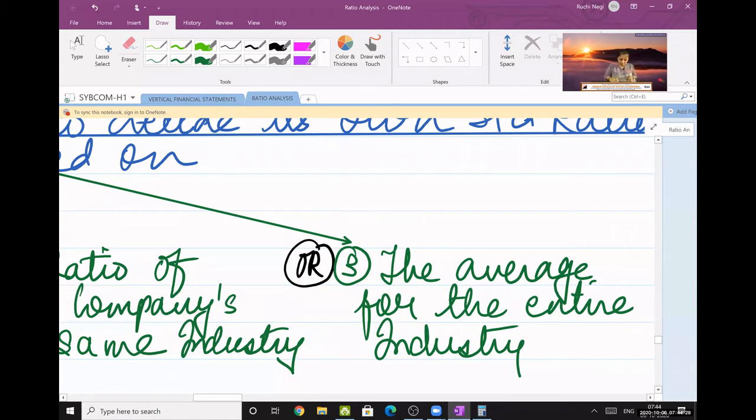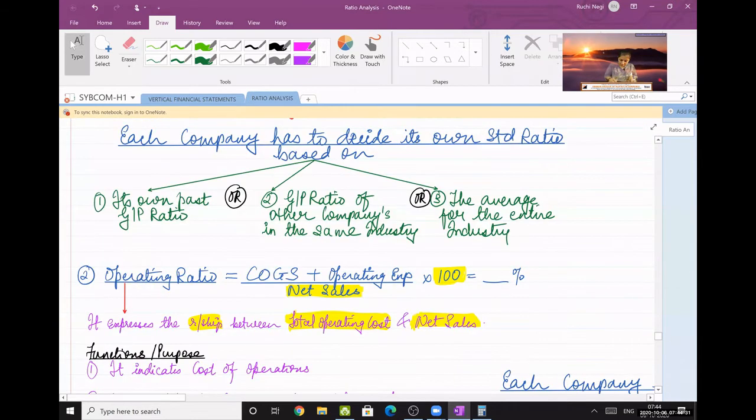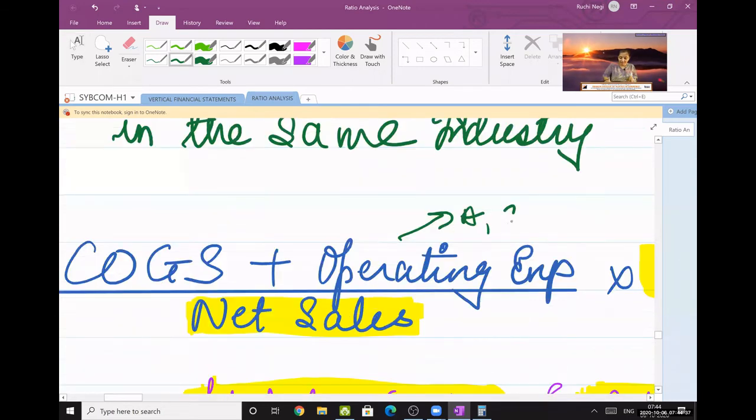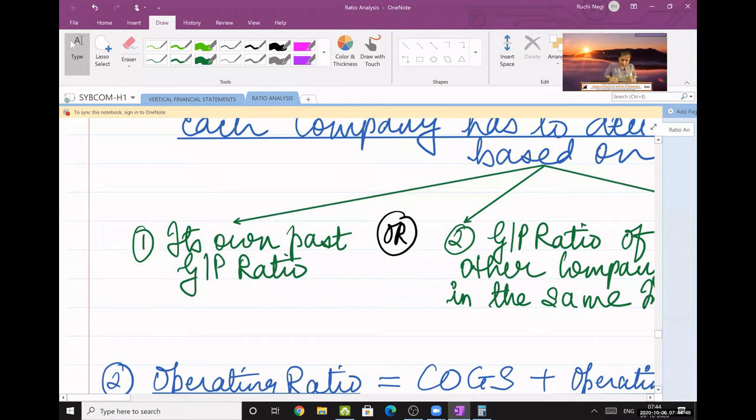Now, I just explained to you, what did I tell you? What all comes in operating expense? Administrative related expenses, selling and distribution related expenses, and financial expenses. So this forms a part of expense ratio. So the third ratio is, after operating ratio, expense ratio.